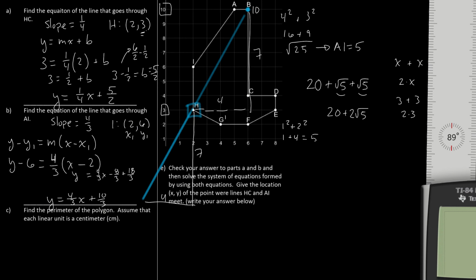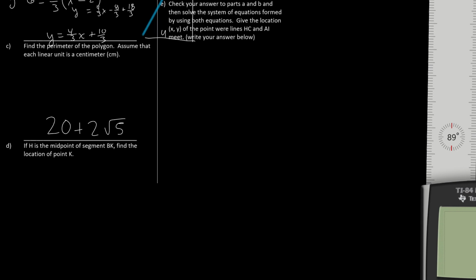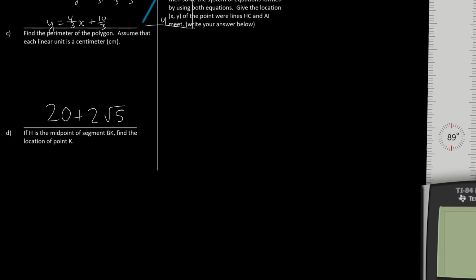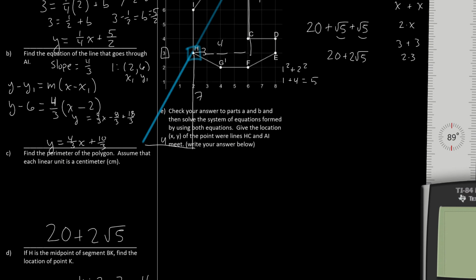I'm at H right here. The y value is at 3, and I've got to go down 7. 3 minus 7 is negative 4. So my y value is 3 minus 7, which is equal to negative 4. And then the x was at 2, but I need to go back 4.